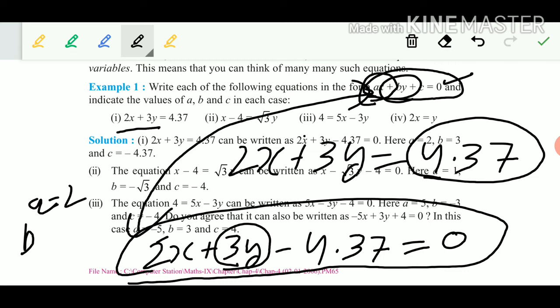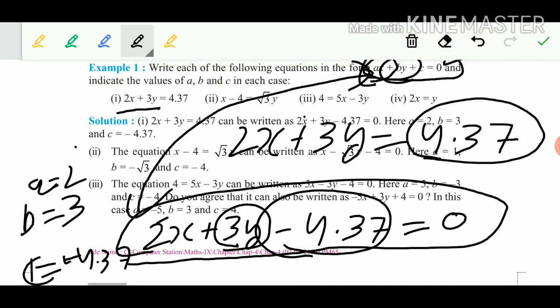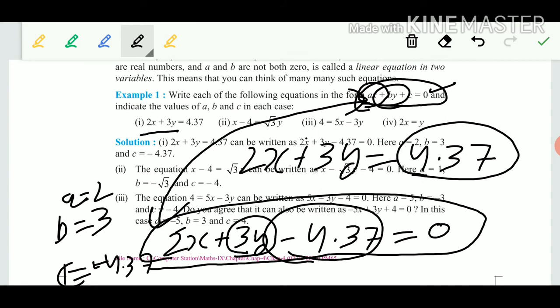So b value is 3. And the third term without any variable, that is minus 4.37. So c value is minus 4.37.